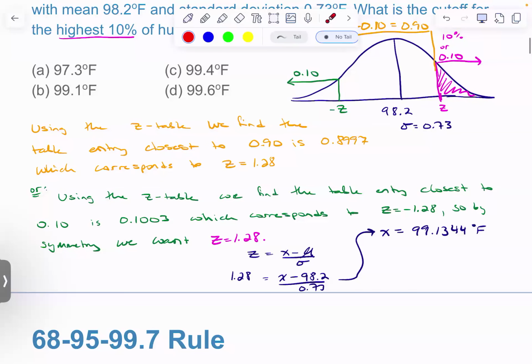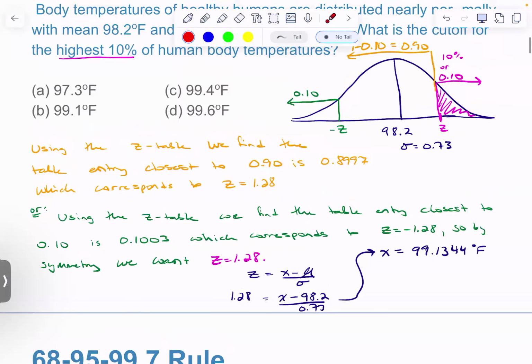Anything beyond that, you're in the top 10% of hottest people. Which is probably not great. I feel like that would be a fever for most. All right. Or in terms of percentiles, you'd be at the 90th percentile, right? Kind of bringing back that terminology.